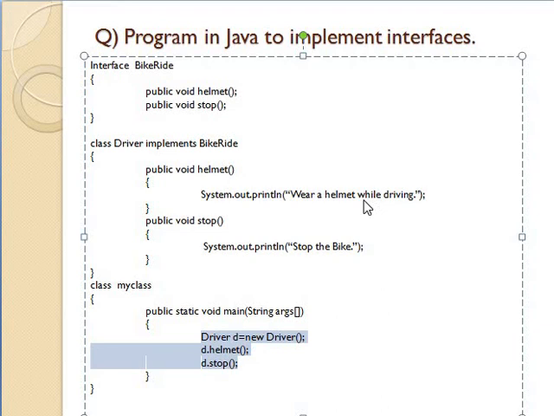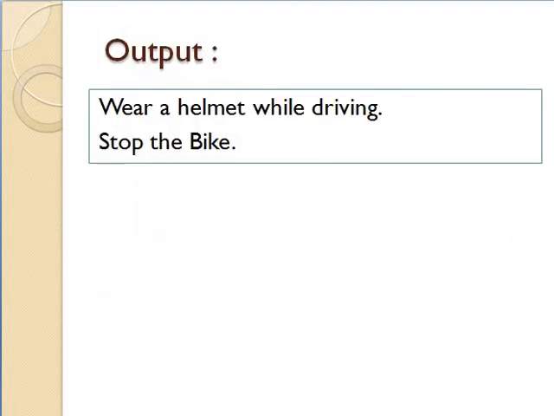Since this text is within inverted commas, it will get displayed in the output exactly as it is. That's why in the output you can see the text wear a helmet while driving getting displayed exactly as it is.